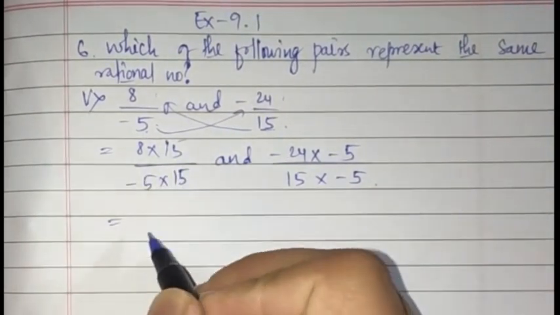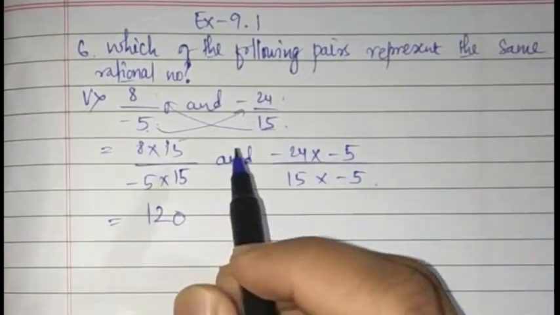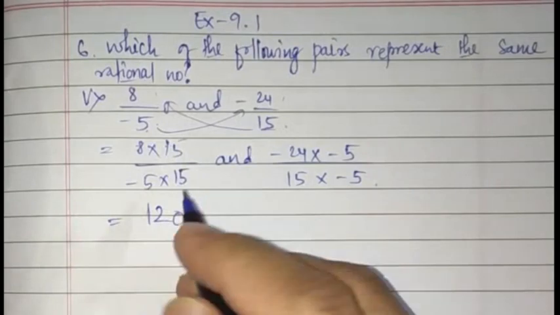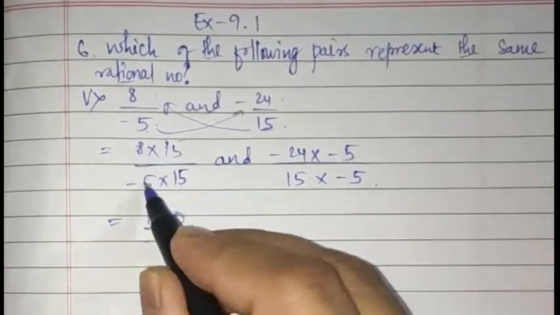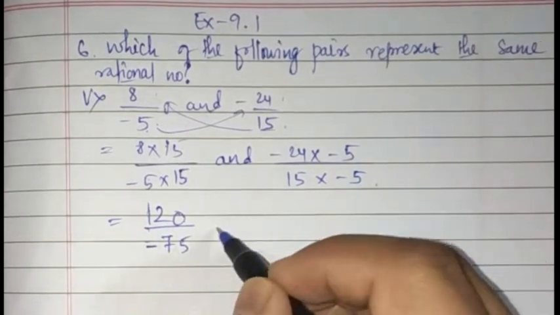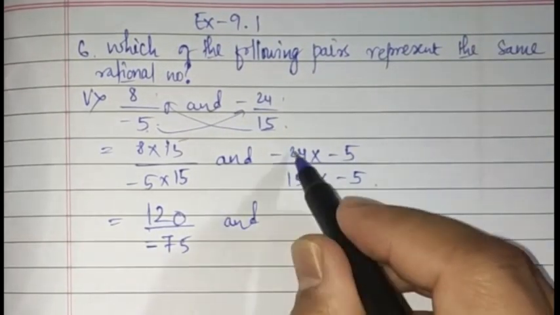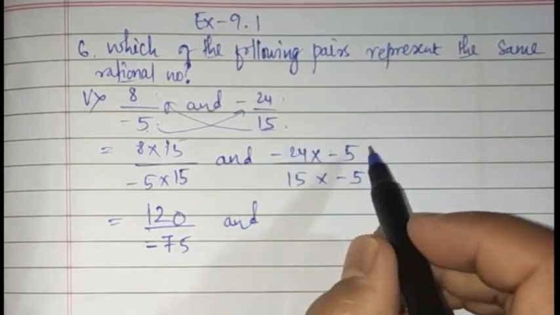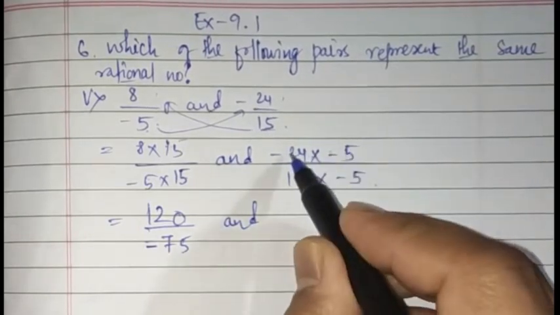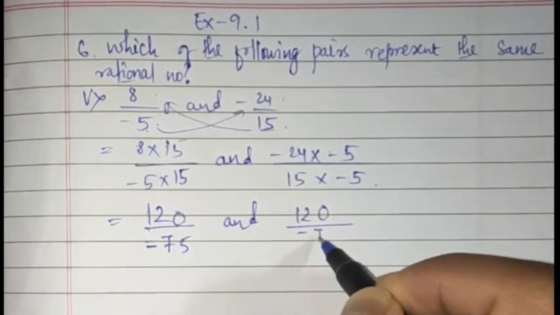So multiply this, 8 into 15. 8 5s are 40, 8 1s are 8, so it is 120. And -5 into 15 is -75. Okay. And 25 into 4, 5, it is plus. Minus into minus is plus. So 5 4s are 20, 5 2s are 10, 11, 12, divided by 15 into 5 is -75.